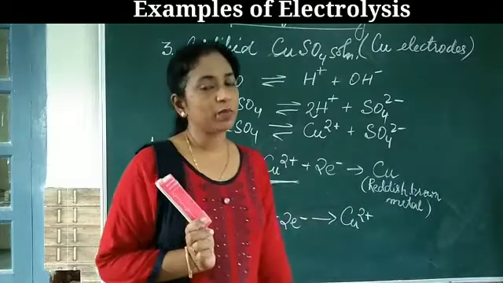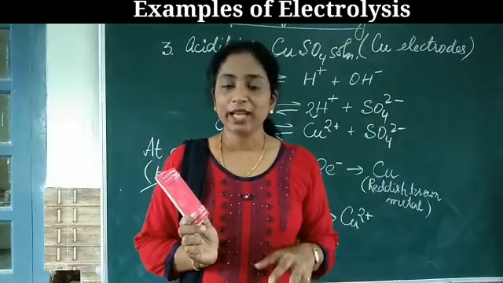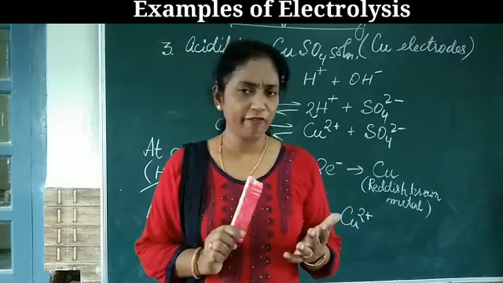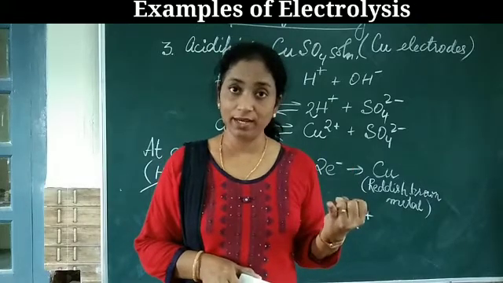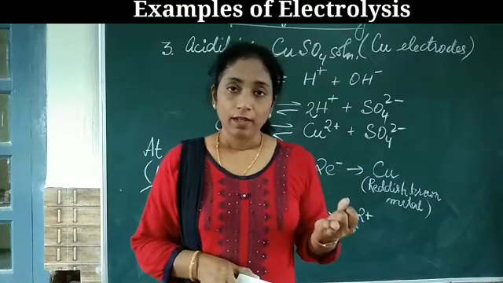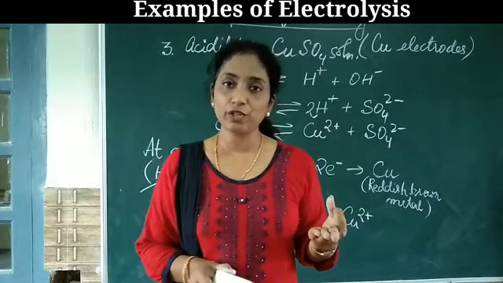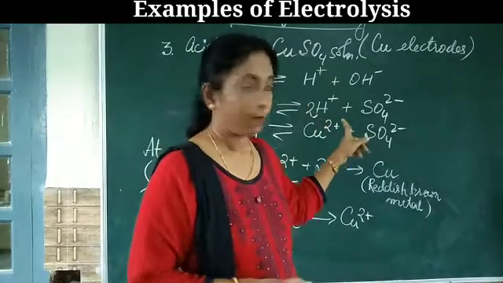Okay? So these were a few of our examples of electrolysis in our syllabus, children. So you must be very well acquainted with molten lead bromide, acidulated water, and copper sulfate solution using copper electrodes. This one, copper electrodes.